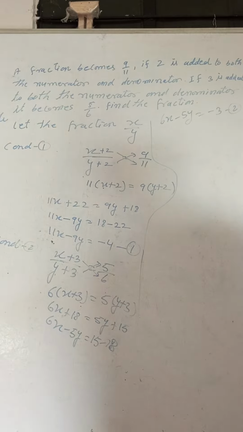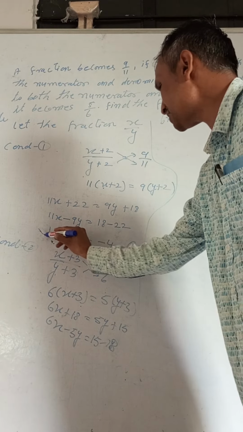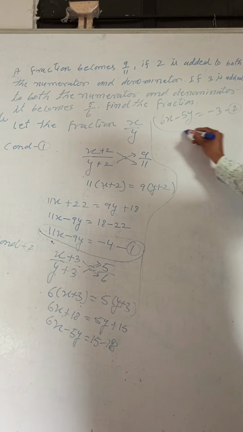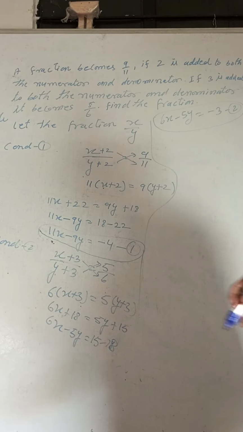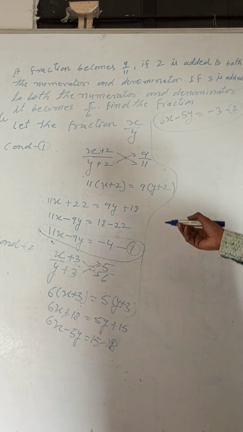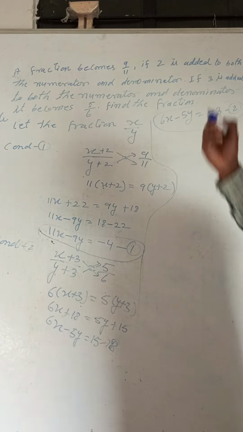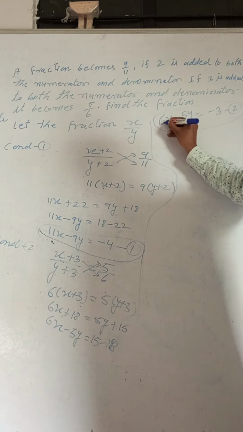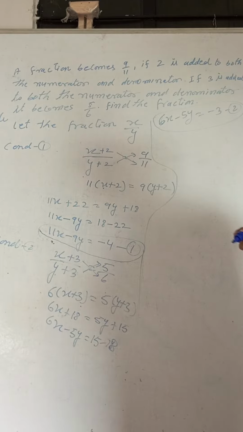Now we can solve it. This is our first equation, and this is the second equation. Now by the substitution method we can choose any equation. Suppose I choose the second one, and I choose the variable x.